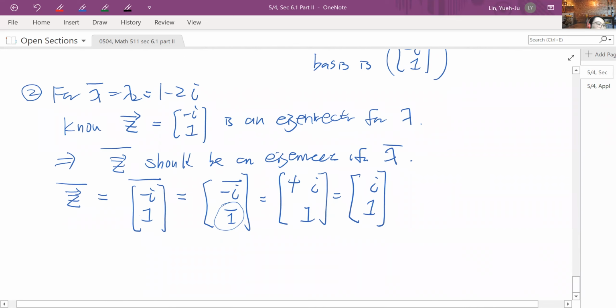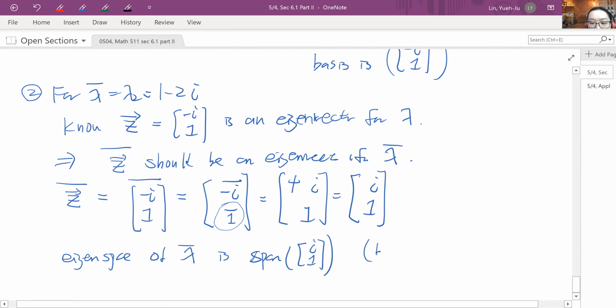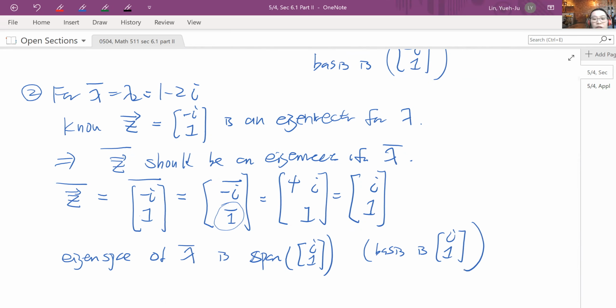So right away, you can tell me that (i, 1) is my eigenvector. So basically, you can say the eigenspace of lambda bar is the span of (i, 1), or you can say the basis is (i, 1). So you can essentially, right away, by taking the conjugate, find out the corresponding eigenspace for the other conjugate complex value.